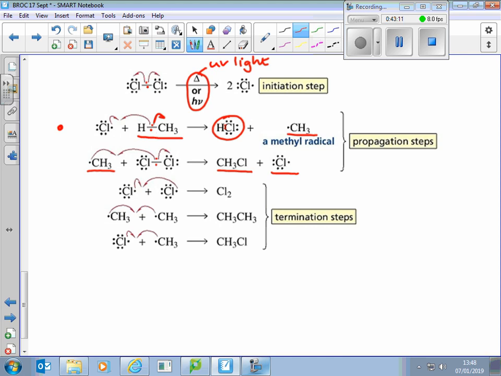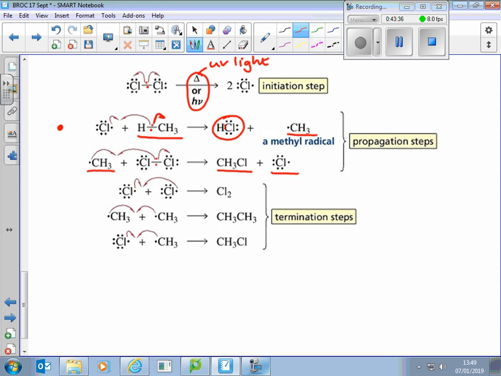And all of that is done on the back of single electron movement, so there's a lot of fish hooks in there. Like I say, given enough chlorine, you could go on and get rid of all the hydrogen out of that.